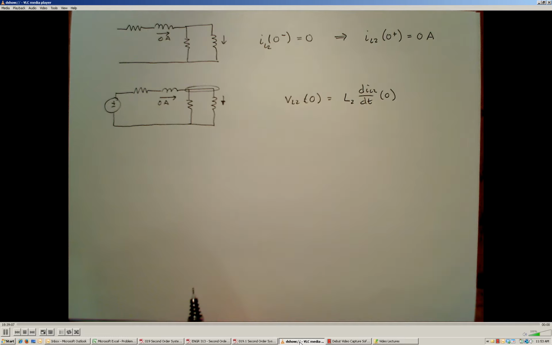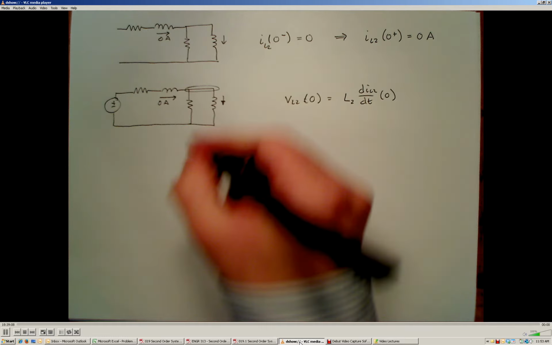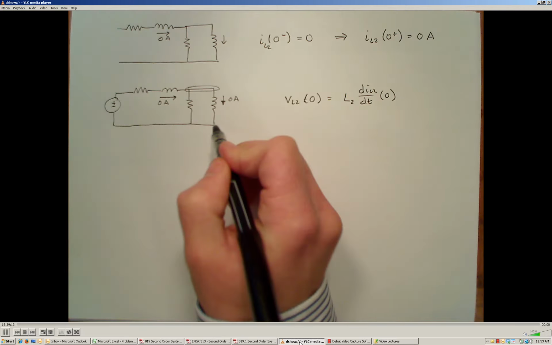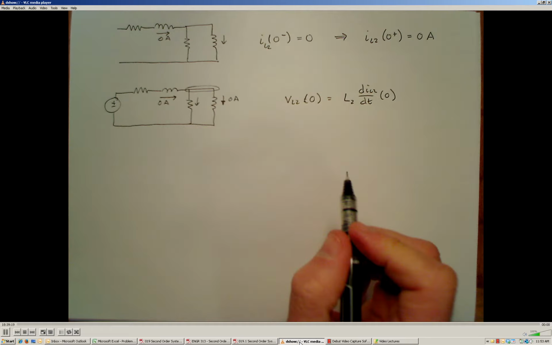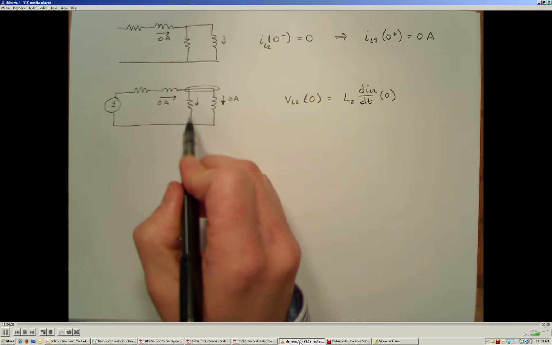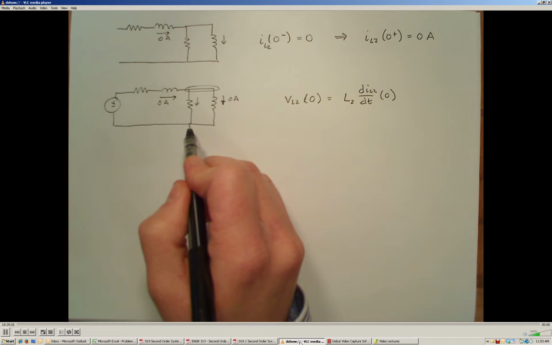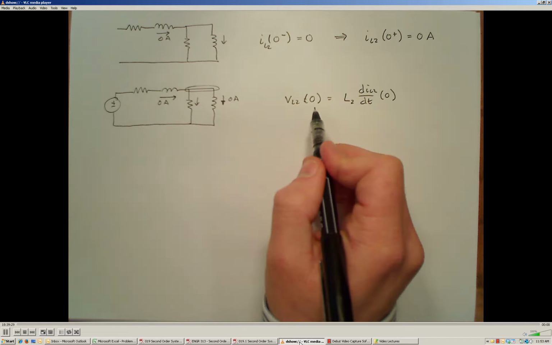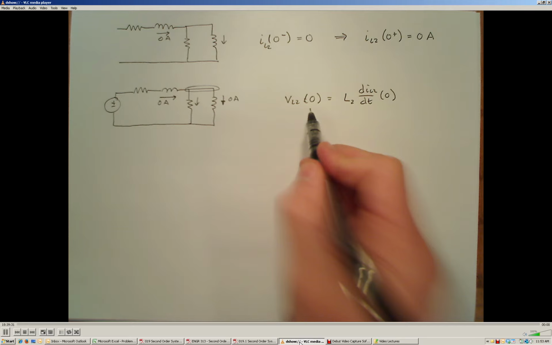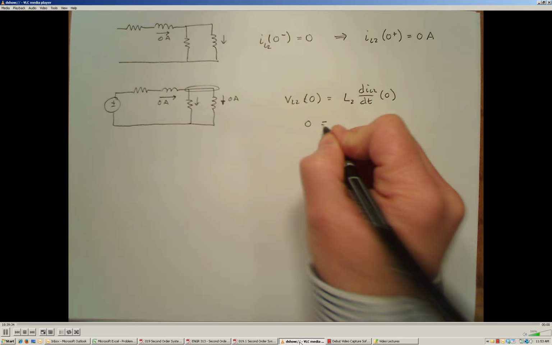So if 0 current reaches that node, and we have 0 current moving through inductor L2, that must mean there's no current moving through this resistor either. If there's no current through that resistor, there's no potential across that resistor. And we also know the potential across L2 has to be 0.